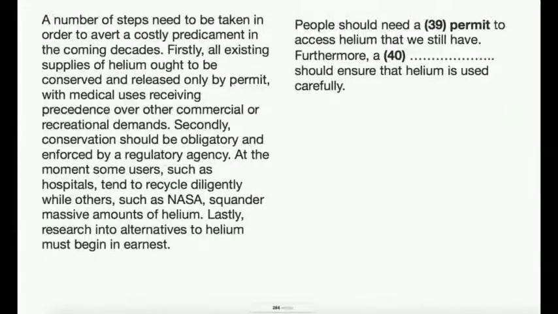If you want to have a go at question 40 yourself, then pause the recording now. So question 40: furthermore, a something should ensure that helium is used carefully. Now we know we're down to here, so we'll look at this part first. Secondly, conservation should be obligatory and enforced by a regulatory agency.